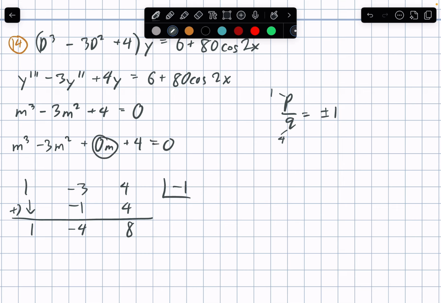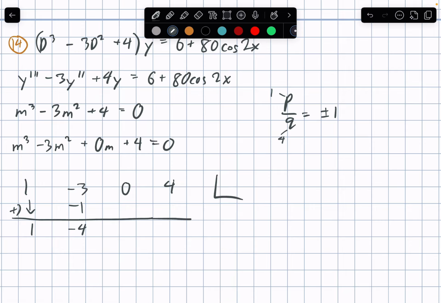Okay, so this is technically still 0. We just wrote it there. That's really important for synthetic division. You need a coefficient for every power. So m cubed, m squared, m, and then just a constant. So 1, 3, 1, negative 3, 0, and 4. Those are all the constants we need.